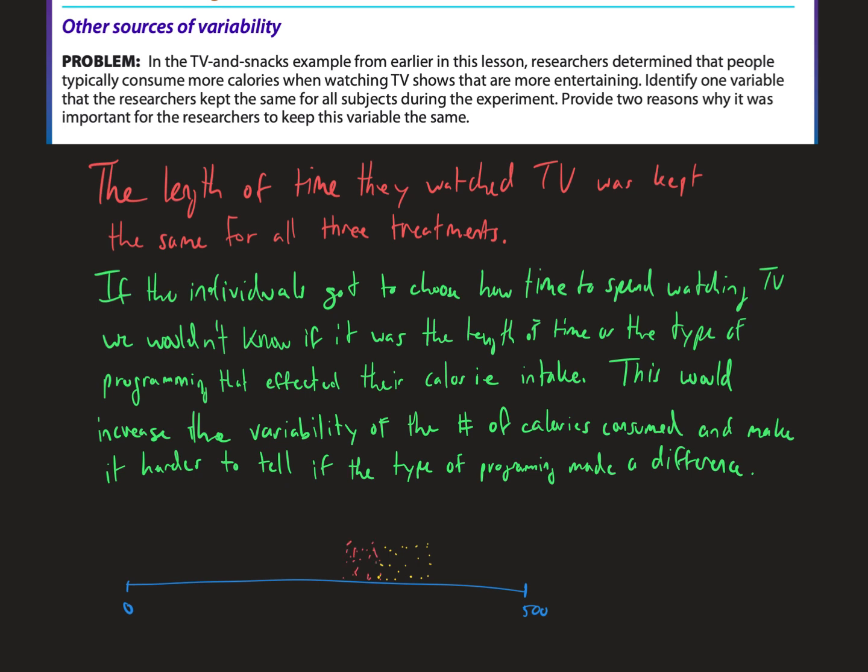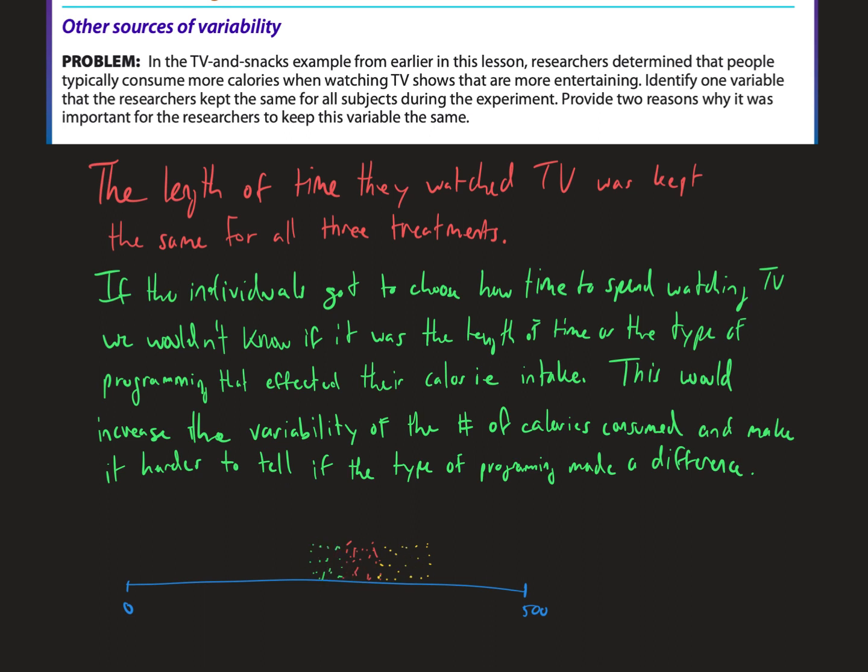They're 20 dots, and then all the people that watched the interview show, their dots are here, and so we see that the clusters make it pretty clear that these people definitely consume more calories than these people. These people consume more calories than these people, but not as many as these.